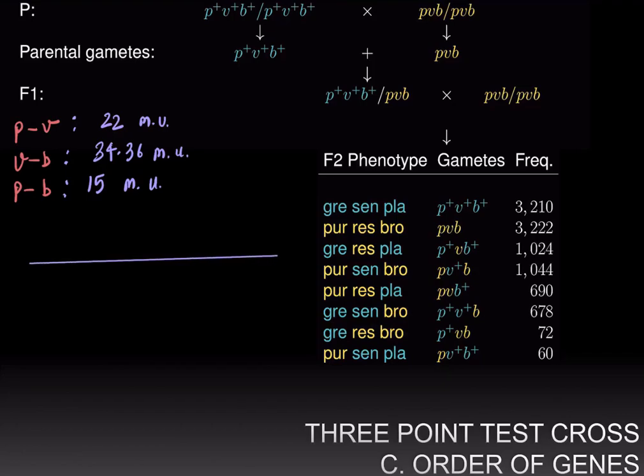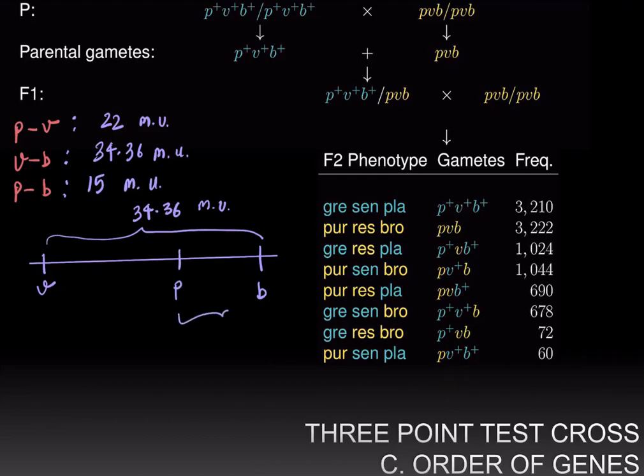There would be V and B, which are separated by 34.36 map units, and P is in the middle, and P is closer to B than to V, so something like this.